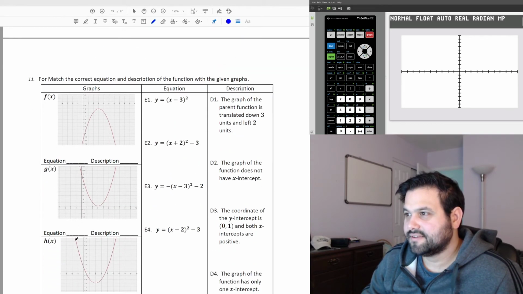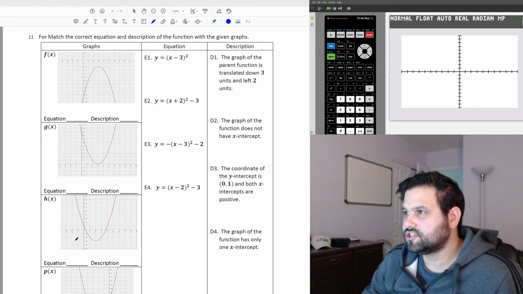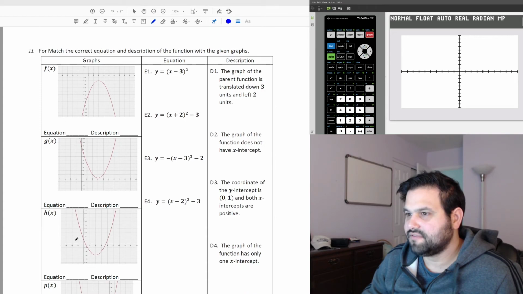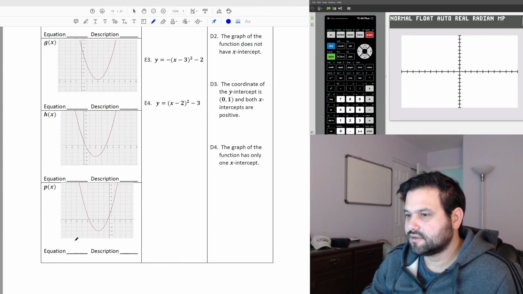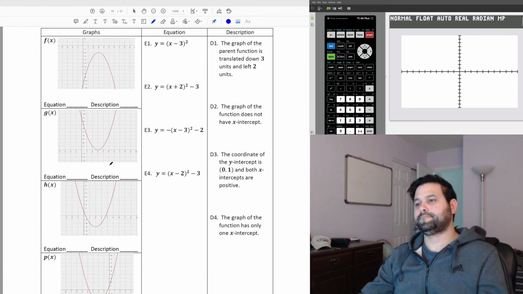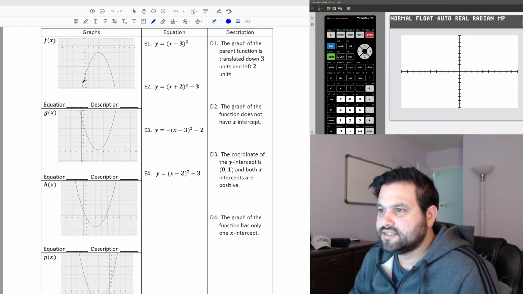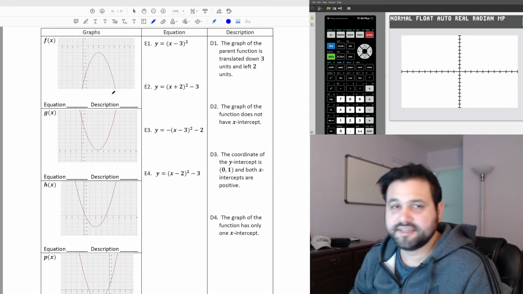Question 11. We're going to match the correct equation and description of the function with the given graphs. So we have 4 different graphs: f of x, g of x, h of x, p of x. And we have 4 different equations, 4 different descriptions. Okay, let's take a look at the first graph, f of x. So I see this graph is opening down, first of all.